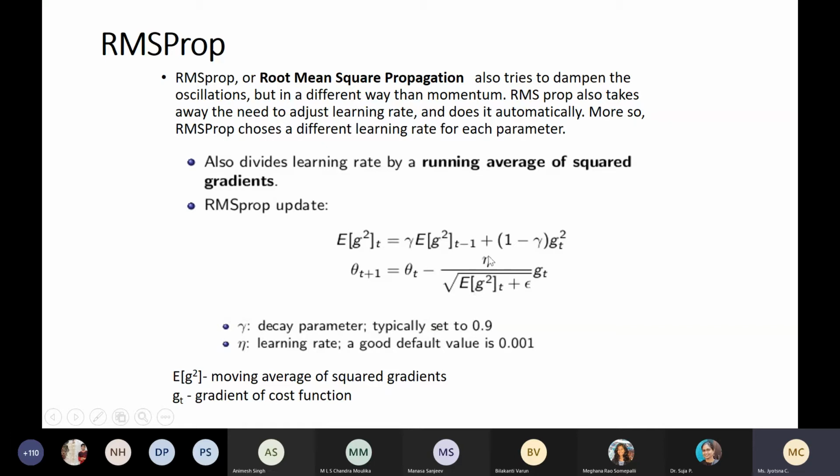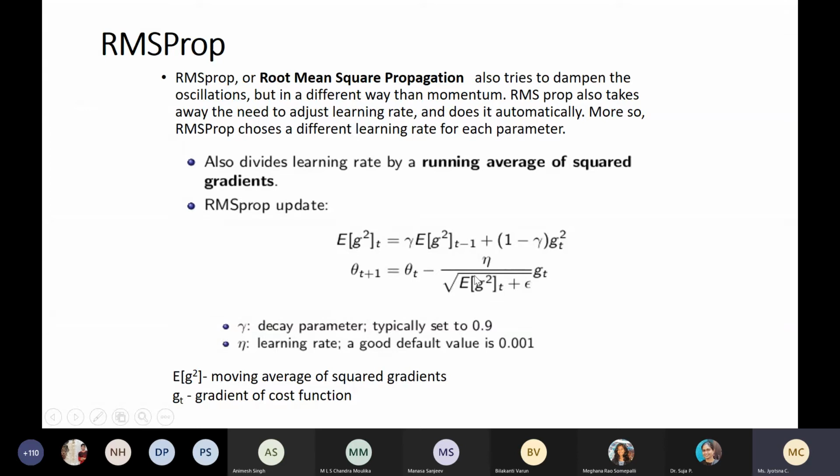So, learning rate into gradient. The formula is the same as before: old weight minus learning rate into gradient, but this learning rate is automatically updated. As we learned, RMS prop updates the learning rate automatically, by dividing the learning rate by this term.